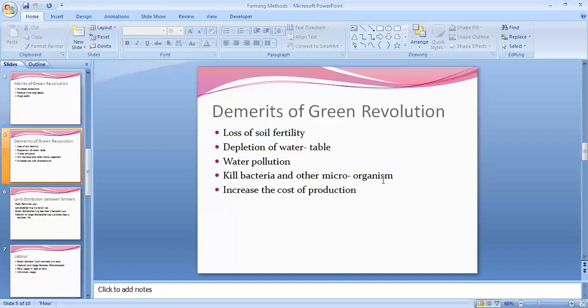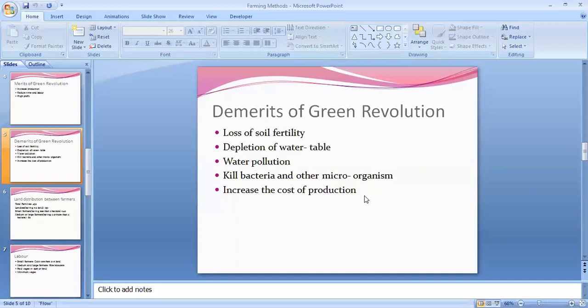Sometimes chemical fertilizers can kill bacteria and other microorganisms in the soil which are helpful for the soil. When we use chemical fertilizers, they kill bacteria and other insects in the soil, but sometimes they kill those bacteria and microorganisms which are helpful for the soil.